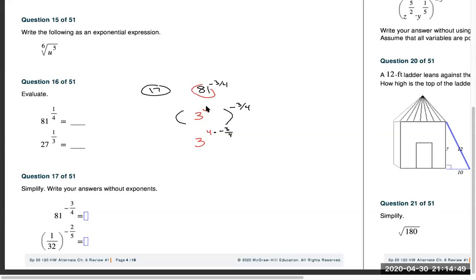So numerator exponent inside cancels with denominator exponent outside right here. So you're left with 3 to the negative 3rd power. Remember that that is 3/1 to the negative 3rd power, which becomes 1/3 to the 3rd power. We get 1/27.